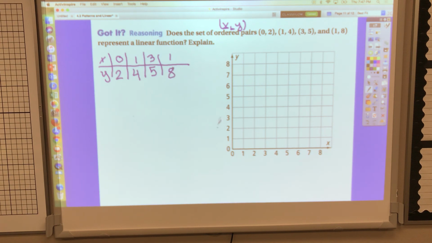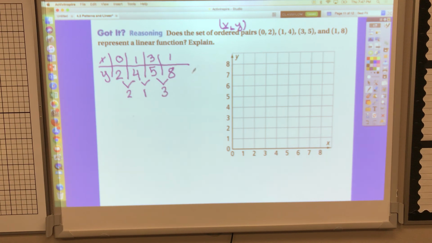Okay? So if I want to decide if this is linear, I can look here. From 2 to 4, it's going up 2. From 4 to 5, it's only going up 1. From 5 to 8, it's going up 3. Okay? So this isn't constant right here.